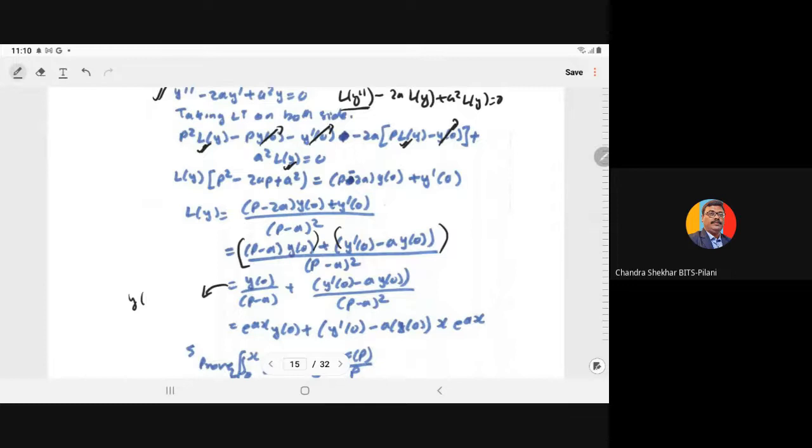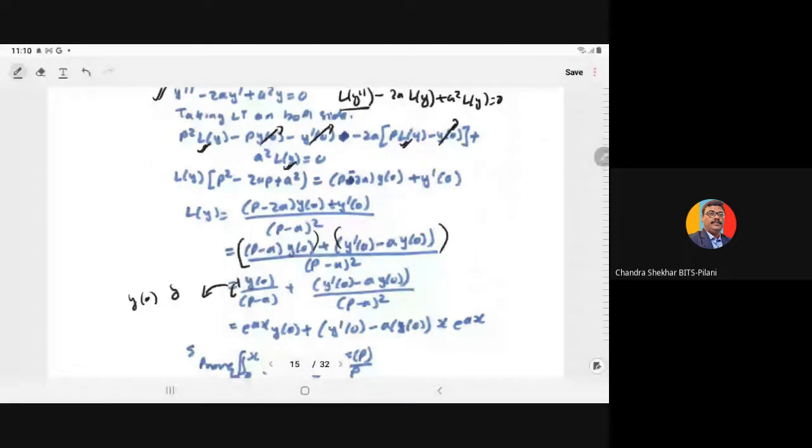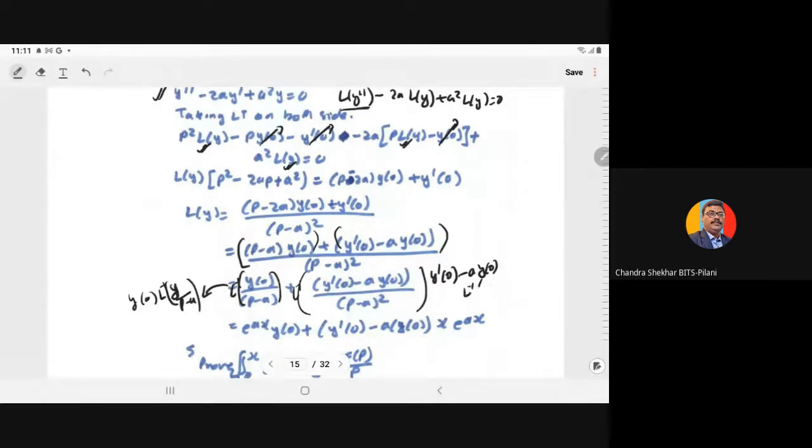Here we have y naught as a constant. If you write the y, so y is what? y is equal to L inverse of this plus L inverse of this. If you take the L inverse, it can be written as y naught L inverse of 1 upon p minus a, and y dash at 0 minus a y naught and L inverse of 1 upon p minus a whole square.